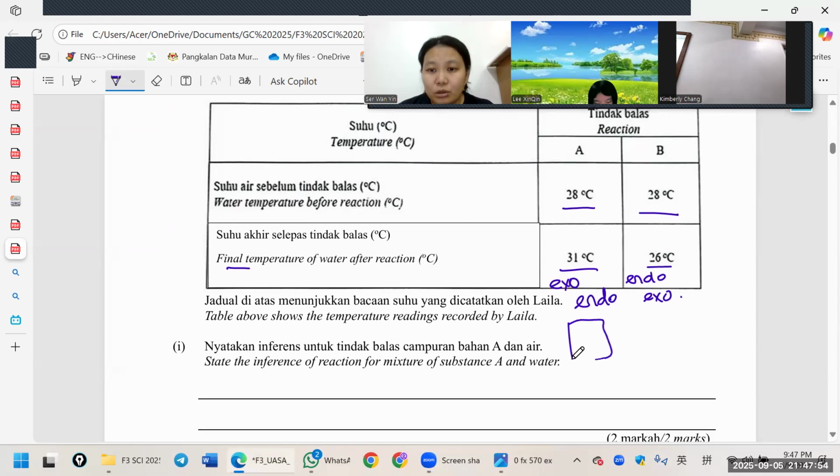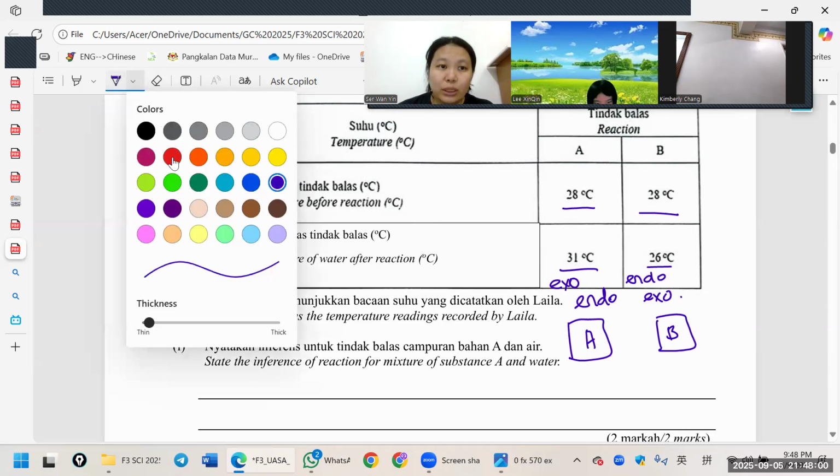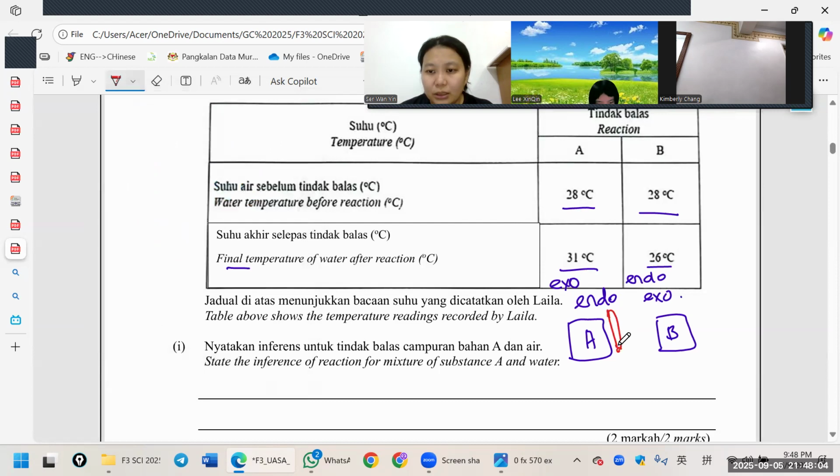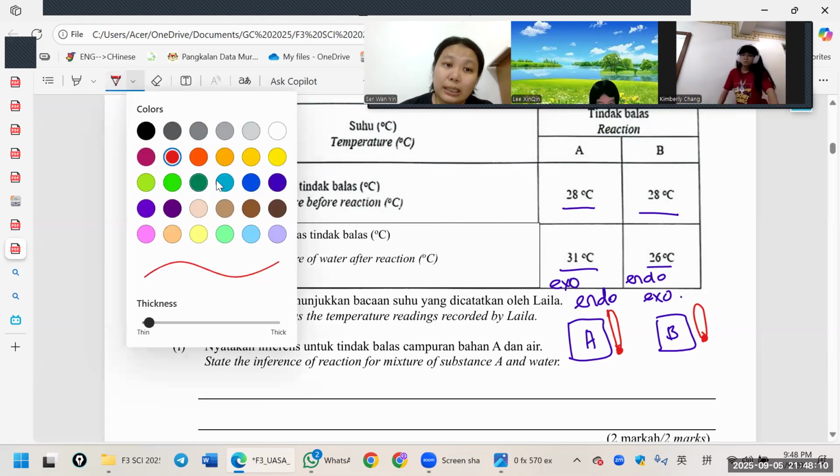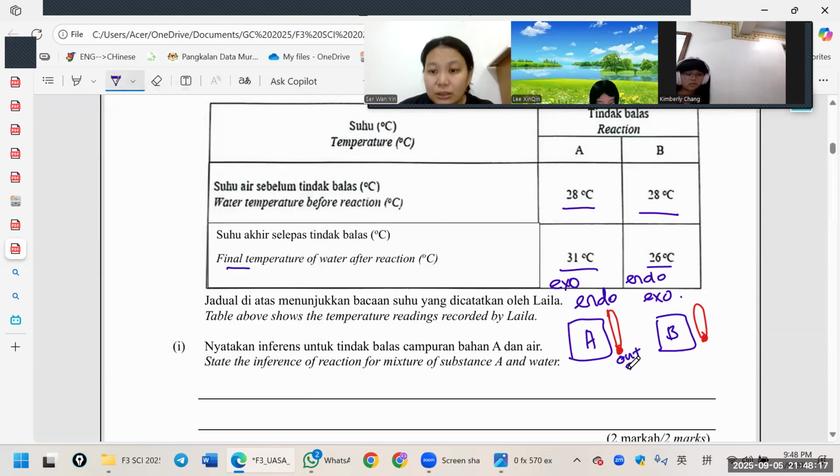OK, I draw two pack A and B. What do we use to measure the temperature? Thermometer. Even though you put the thermometer in A, we still consider the thermometer to be outside.